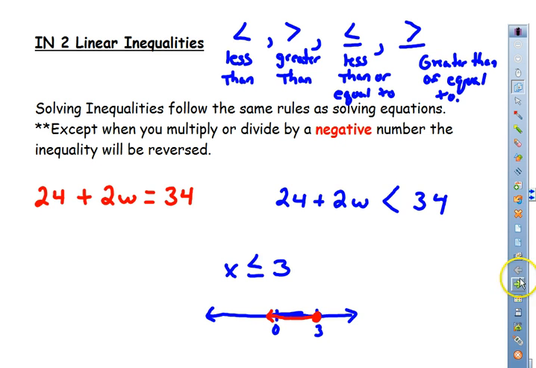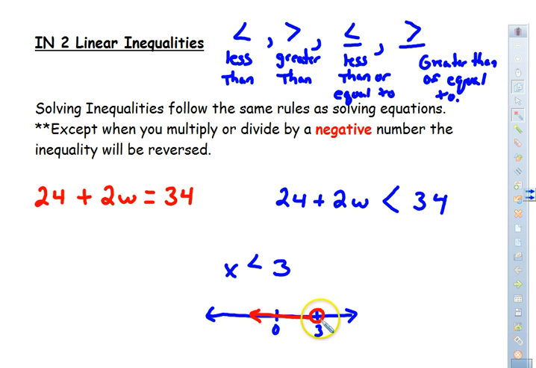Now, if we wanted to go about this a little differently, and again, I'm showing you on a graph just to have a little better understanding. If it were just the less than sign, and it were x is less than 3, then we leave that as an open circle with a line going in that direction, meaning less than.